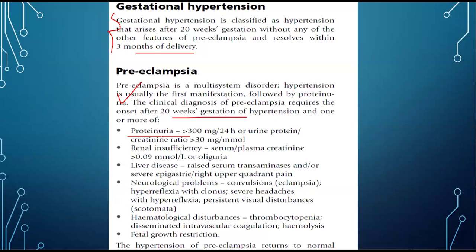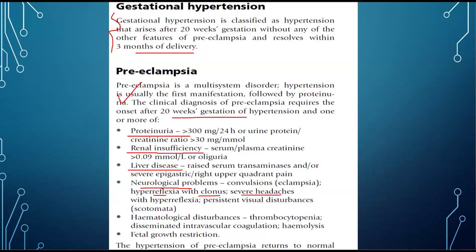We talked about how preeclampsia patients sometimes can have complications. Those complications can be renal failure, high liver enzymes, like impaired ALT, AST. They can also get an inflamed liver causing epigastric tenderness or right upper quadrant pain. These patients can get neurological problems also, such as hyperreflexia.